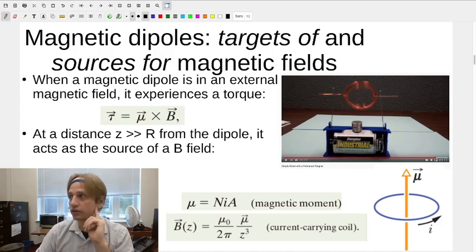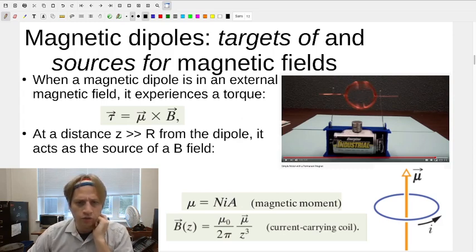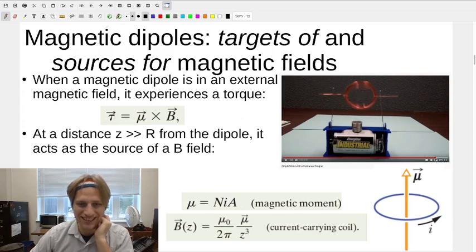We also talked a little bit about, or actually I don't think we got to this. So we're going to talk today about how for this type of configuration, if you have a loop of current and you get far enough away from it, along the axis it's going to die off as 1 over z cubed.